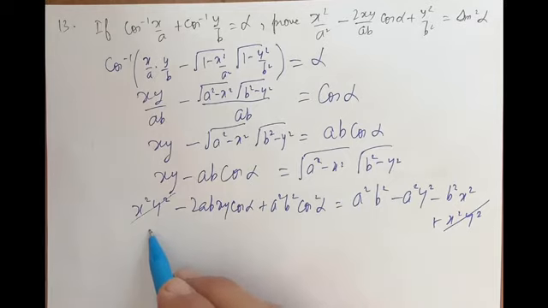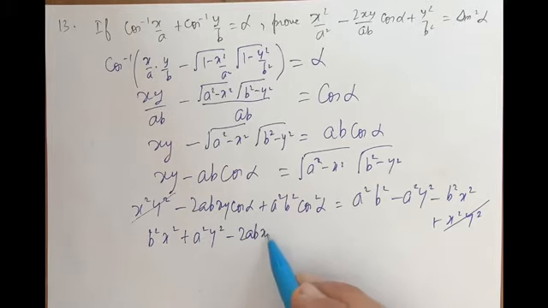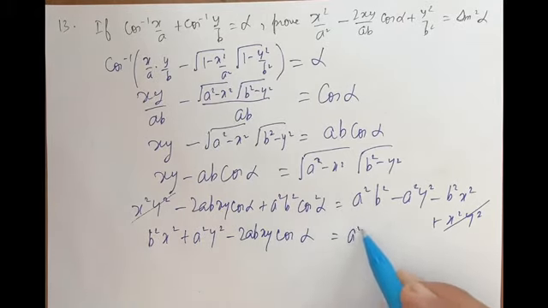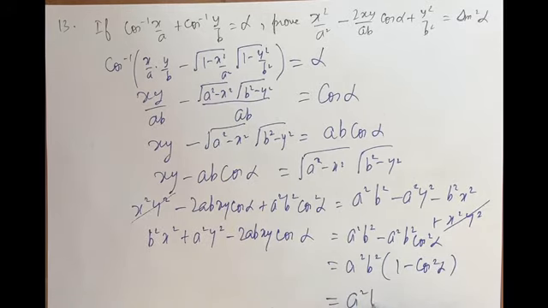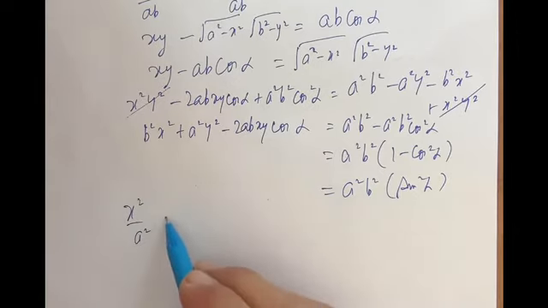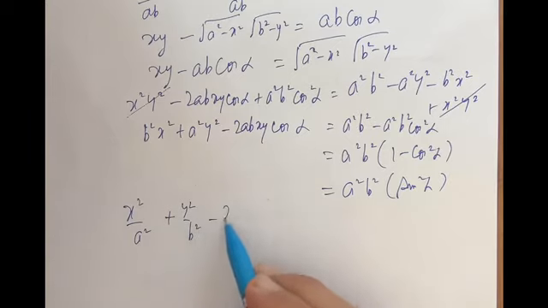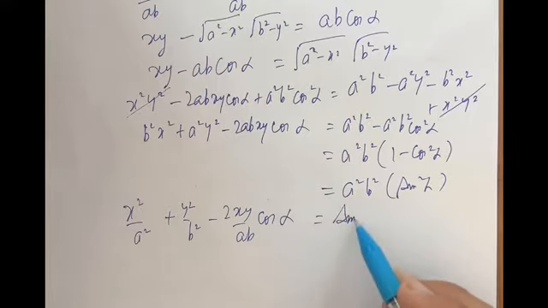Shifting these terms to the left hand side, b square x square plus a square y square minus 2ab xy cos of alpha is a square b square minus a square b square cos square of alpha, and this is a square b square into 1 minus cos square of alpha, which is a square b square into sin square of alpha. Now dividing throughout by a square b square, we get the desired answer, which is x square upon a square plus y square upon b square minus 2xy upon ab into cos of alpha, equal to sin square of alpha.